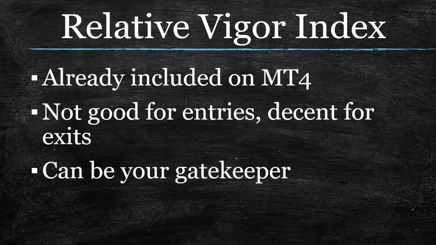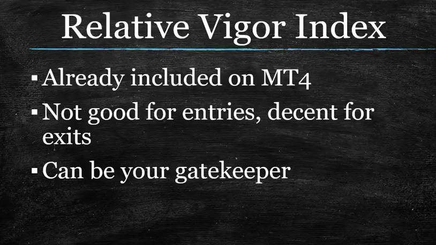Now, this can also kind of serve as your gatekeeper like Heikinashi did. So what I mean by that is, we know it works okay. So every exit indicator that you test from this point on, you can measure against the Relative Vigor Index if you want to. You can measure it against Heikinashi if you want to.